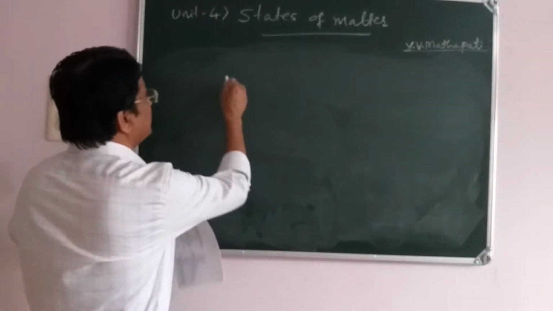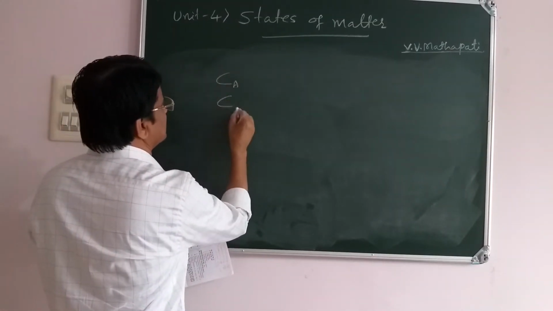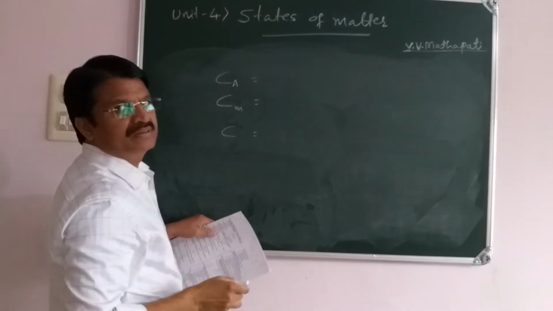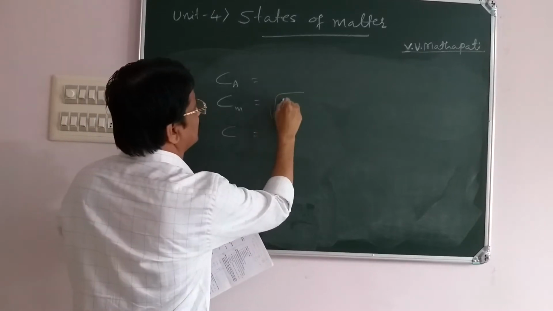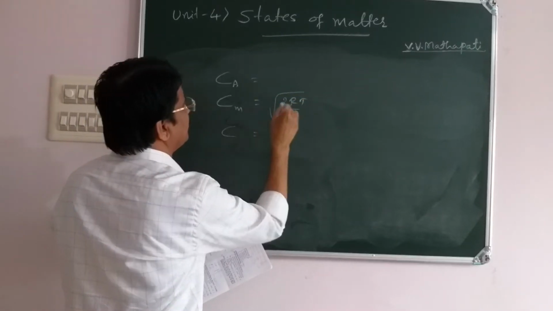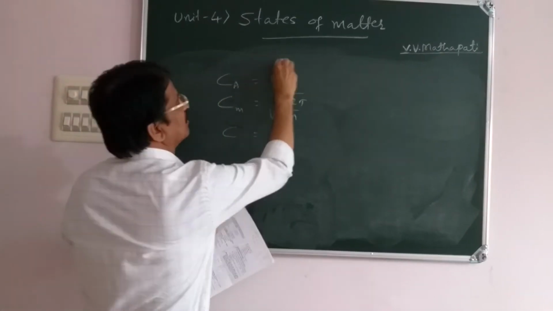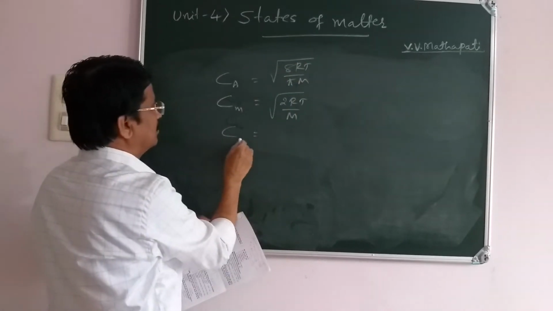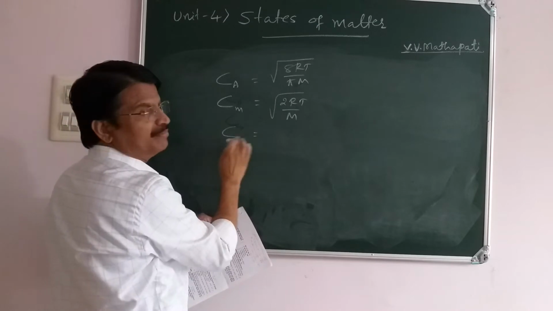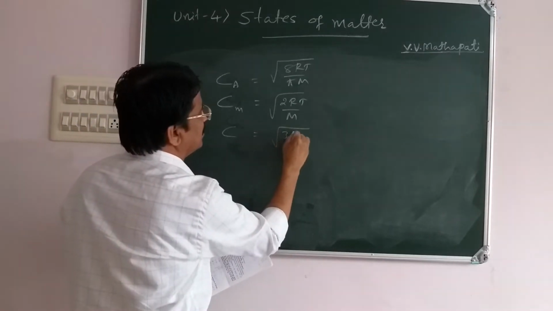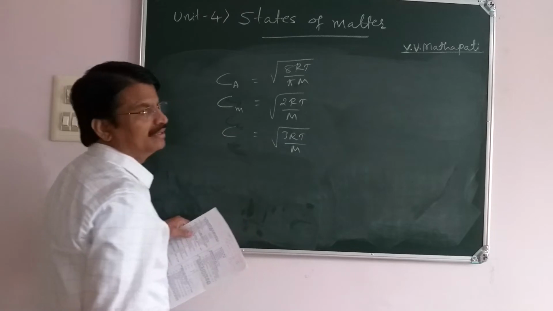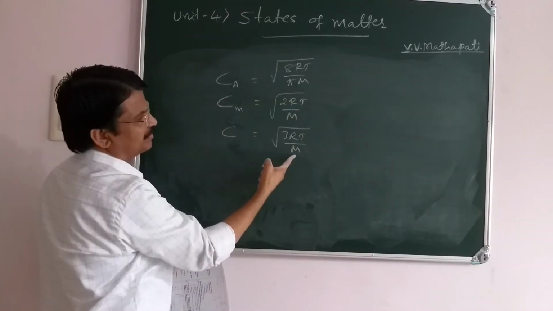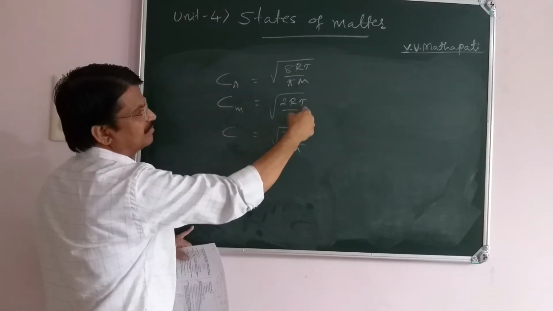It may be Ca, Cm, C. Then most probable velocity is square root of 2RT by M, average velocity is square root of 8RT by pi M, and RMS velocity is square root of 3RT by M. Now you can observe what is common here: M is inversely proportional, T is directly proportional.